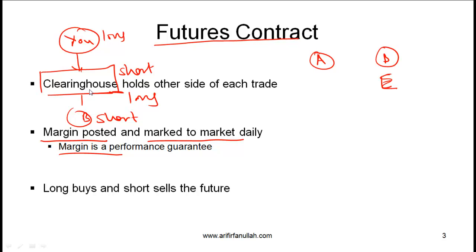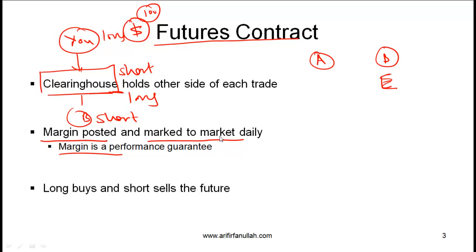And if the price of the underlying goes up, then clearly you as the long benefit, and on a daily basis, if you are benefiting, then money is added to your account. So effectively, if the value of the contract goes up by $100, then $100 are added to your account. Since this is happening on a daily basis, we call this daily mark to market.